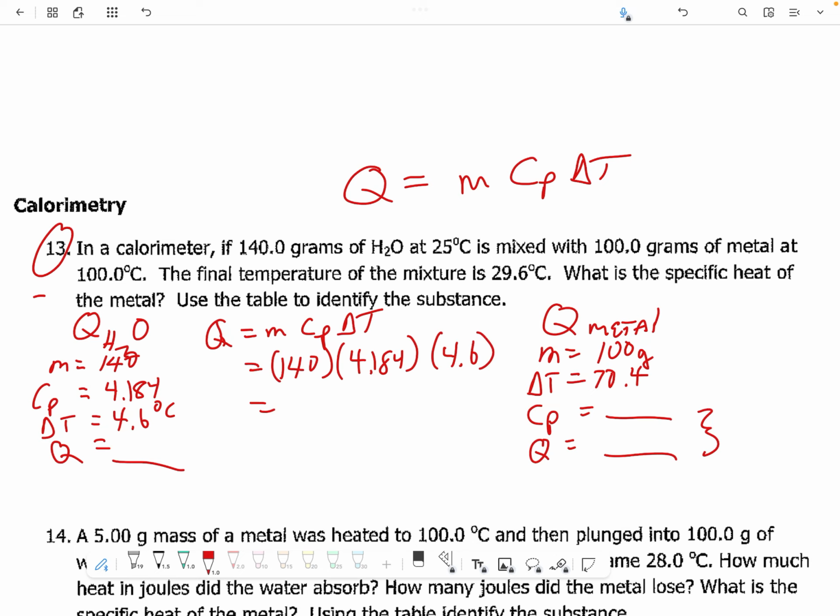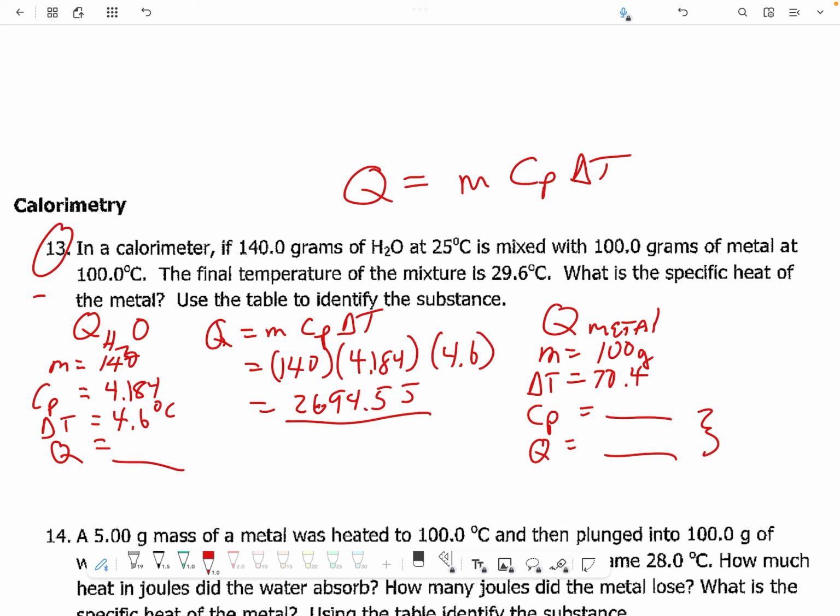I was getting lazy and not rounding. So 140 times 4.184 times 4.6 gives us 2694.5, and that's joules.